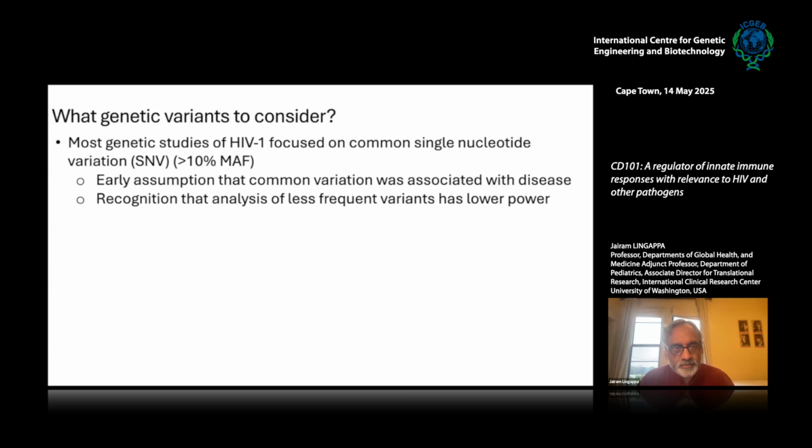That means greater than 10% frequency in the population. And that was based on the idea that common variation was likely the type of variation that's associated with disease, while also recognizing that analysis of less frequent variants has much lower power. The fact that a variant is less frequent in the population makes it less likely, lower power, that you can actually detect an association with disease.